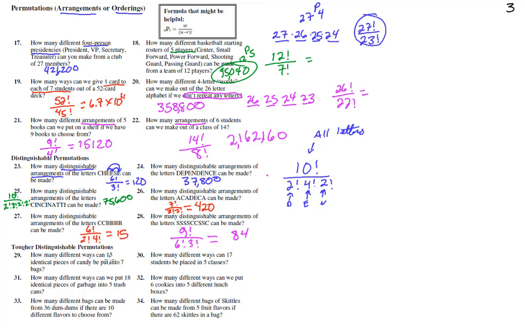How many different ways can 15 identical pieces of candy be put into 7 bags? Now I'm going to rewrite this as a permutation. If I write an example of putting 2 pieces into each bag, piece of candy, piece of candy, and so on through 3, 4, 5, 6, and then this last guy gets 3.